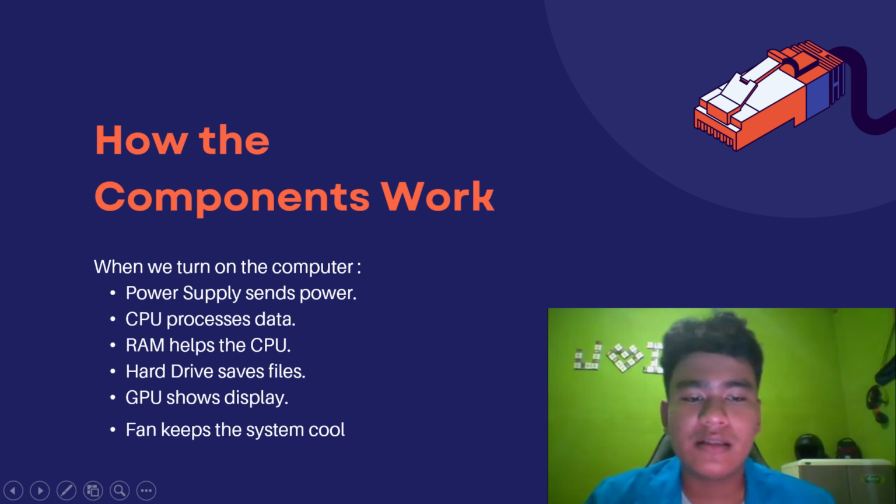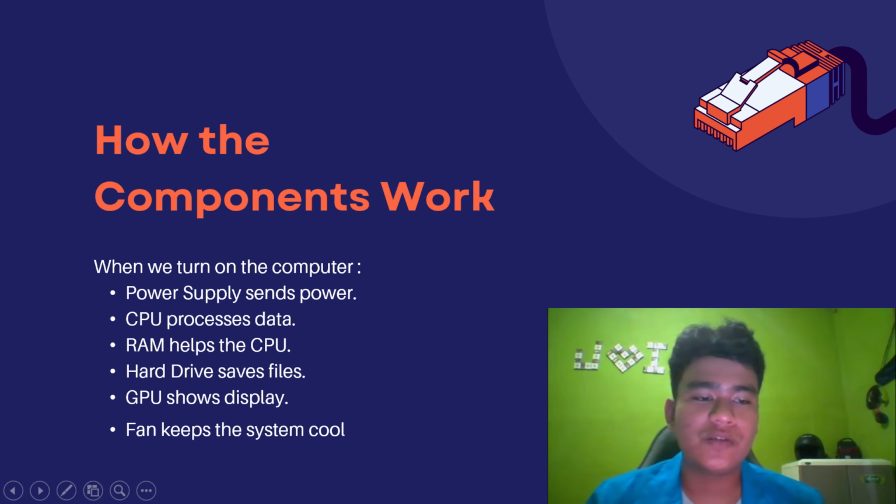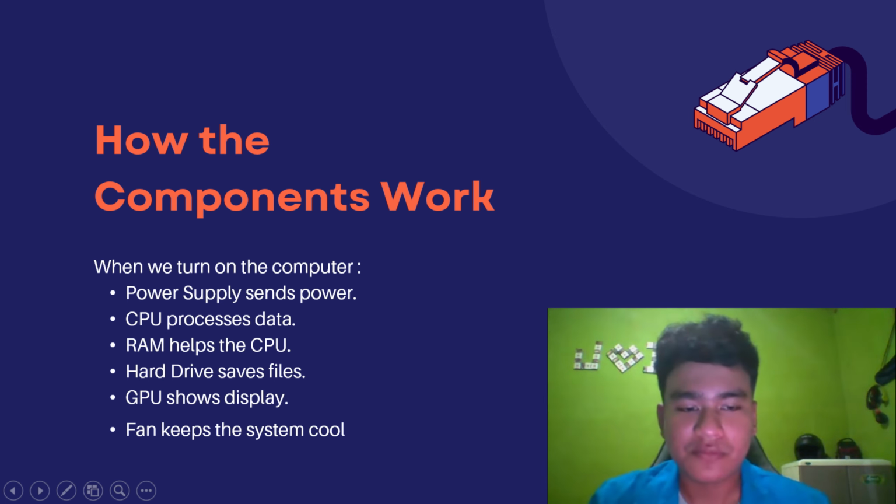And the hard drive saves and loads files. The GPU shows pictures and video on the monitor. And the cooling fan keeps everything cool to prevent overheating. So every time you use a computer, the components work together like a team.